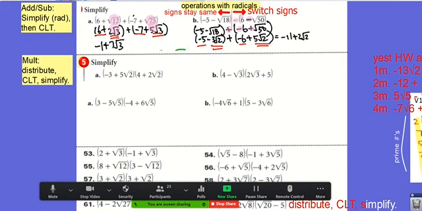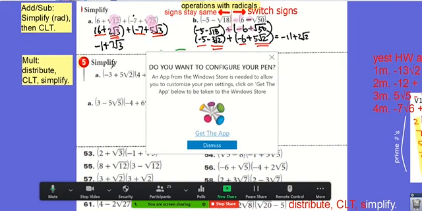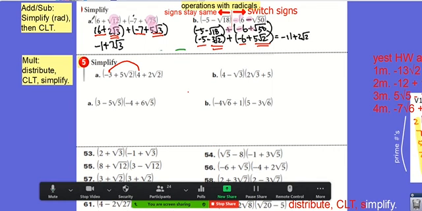Now, watch this. I'm going to go red. Okay, green. Blue. Black. Red becomes negative 12. Green becomes negative 6 root 2.